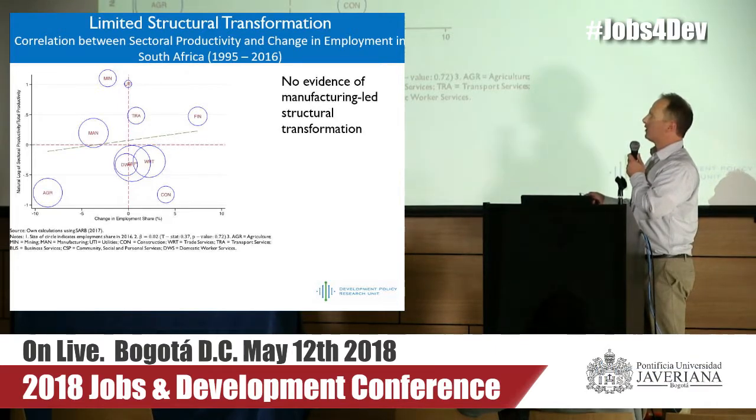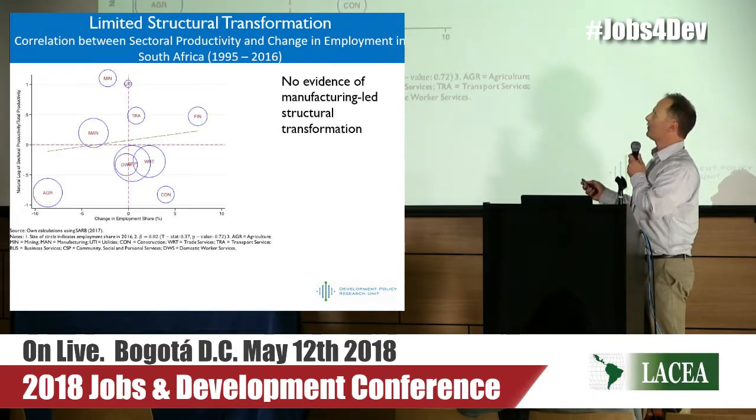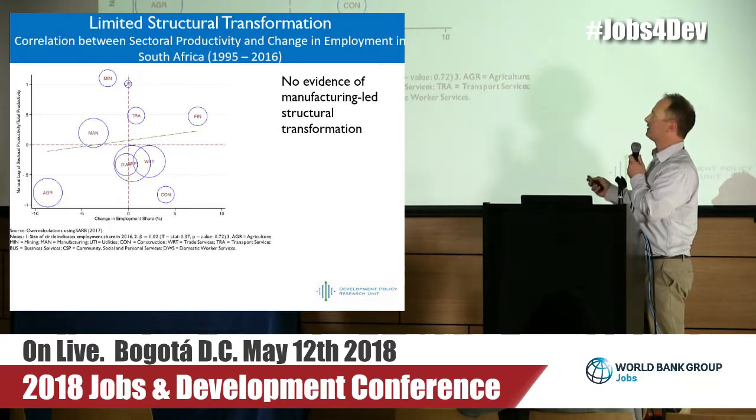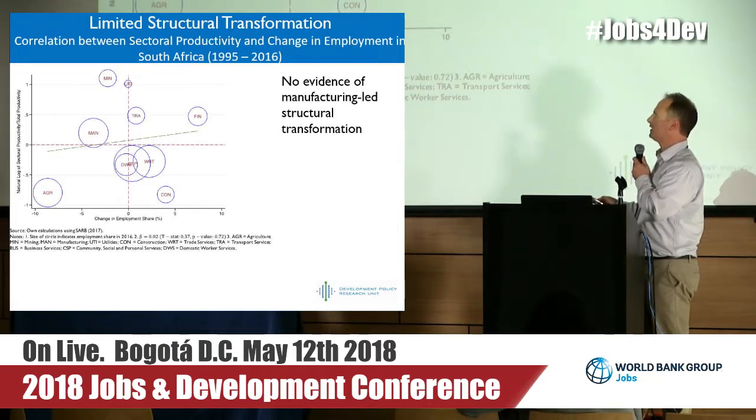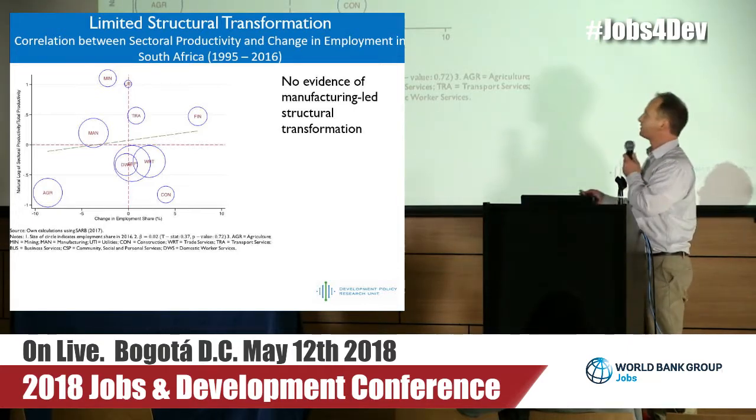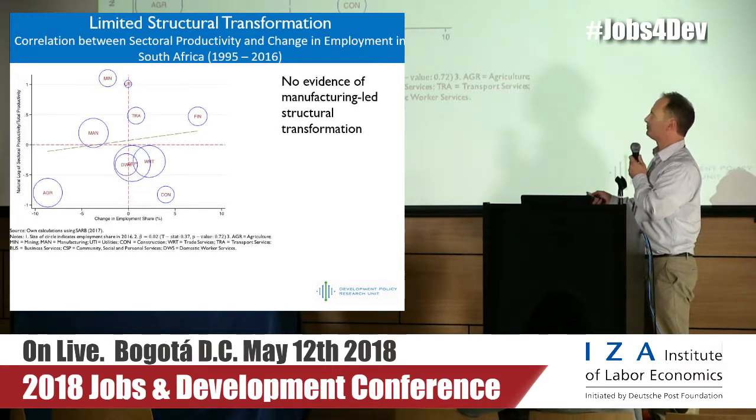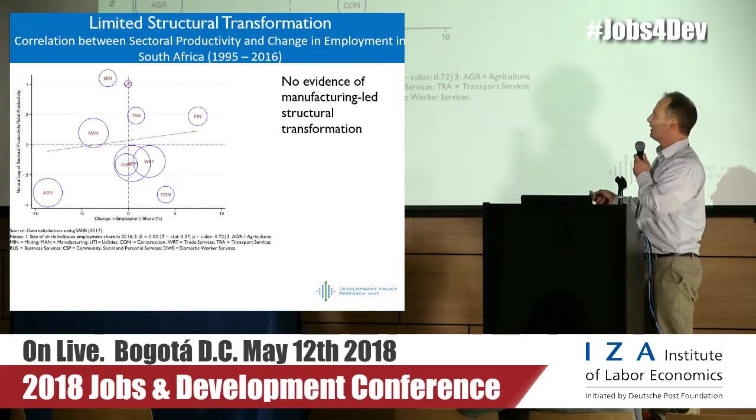So a lot of your labor resources leave low productivity agriculture, and then over here you have a large bubble for manufacturing. So a lot of labor resources shift to high productivity manufacturing, and that would be indicative of manufacturing-led structural transformation. So that would be an East Asian type story if you want to generalize.